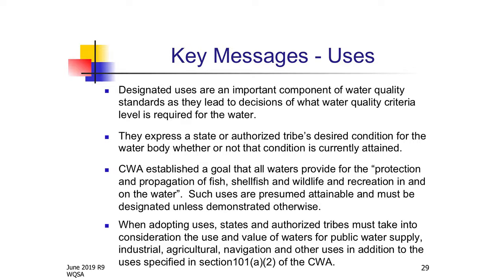When adopting uses, states and authorized tribes must take into consideration the use and value of non-101(a)(2) uses, such as public water supply, industrial, agricultural, navigation, and other uses, in addition to the 101(a)(2) uses.